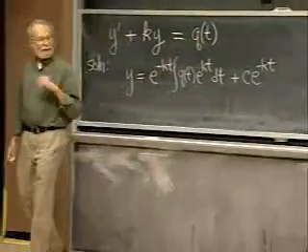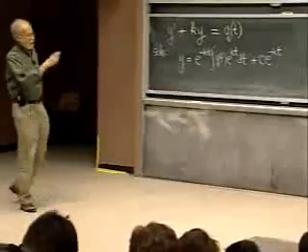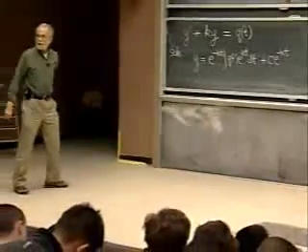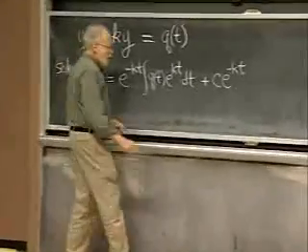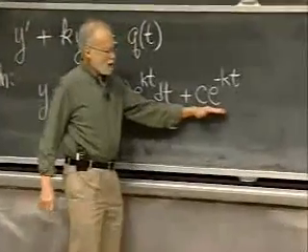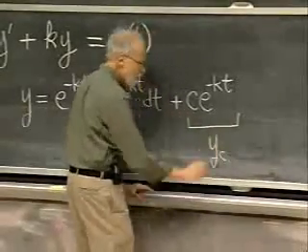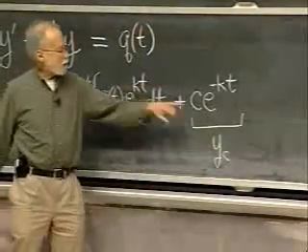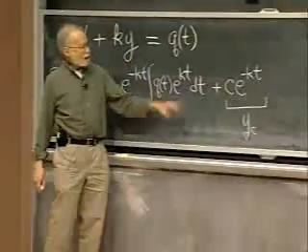How does this fit into the paradigm I've given you over there for solving the second order equation? Which term is which? Well, this has the arbitrary constant in it, so this must be the complementary solution. Is it? Is this the solution to the associated homogeneous equation? What's the associated homogeneous equation?